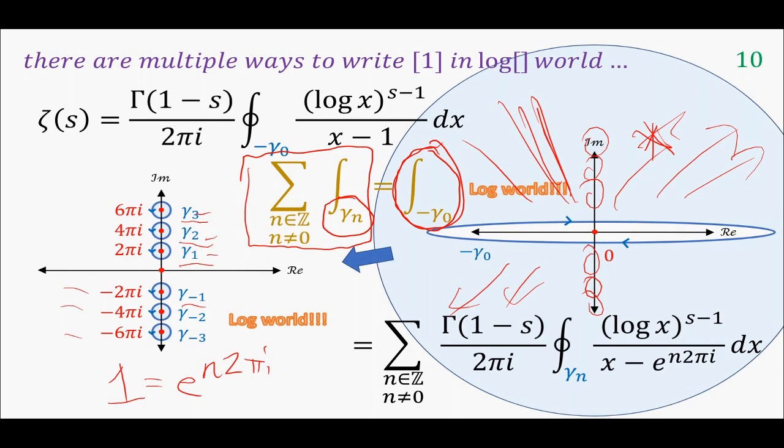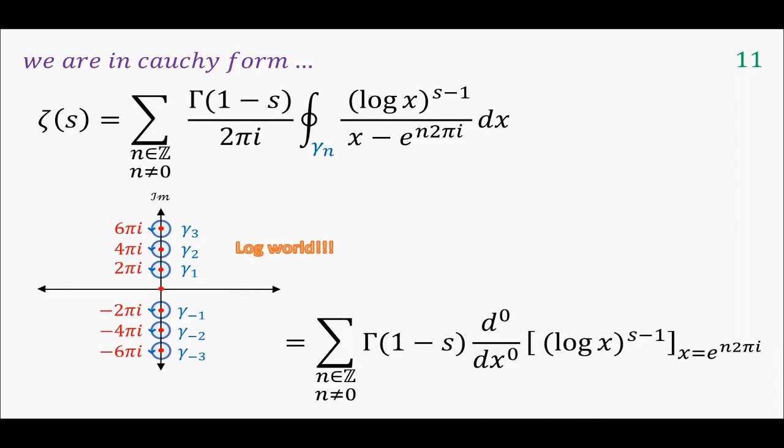And when that is the case, we get singularities and we get residues. And it'll be more clear here in a second, because what we also need to realize is that we are in Cauchy form. So that's our next slide here, is that we are in Cauchy form.